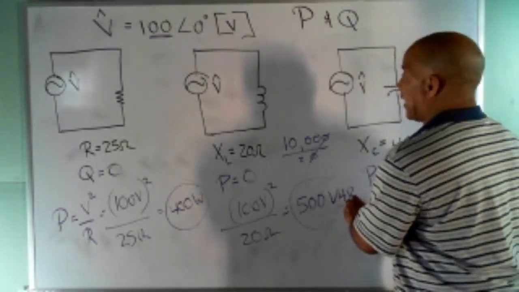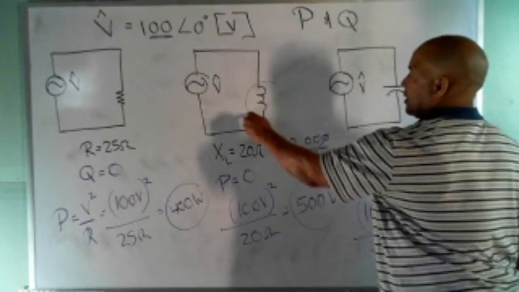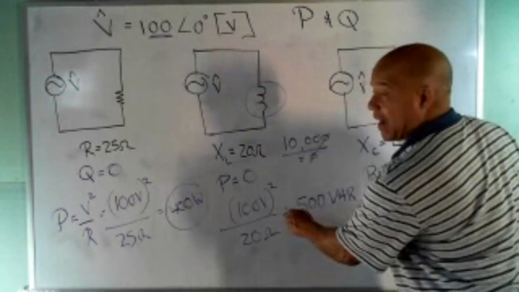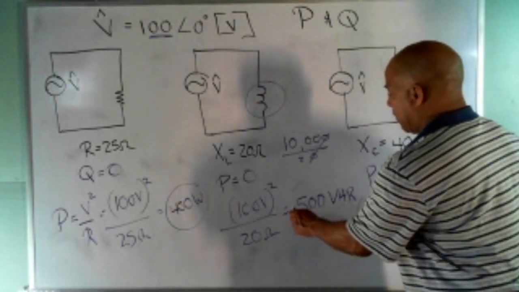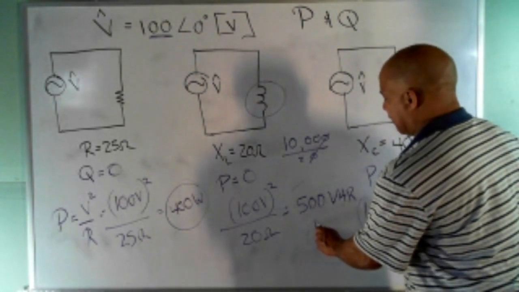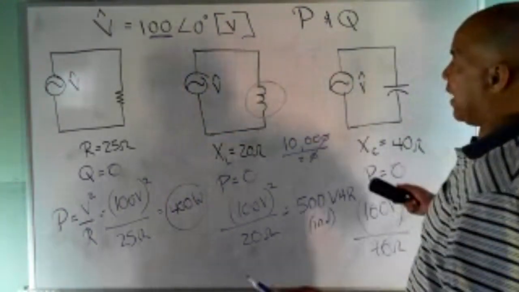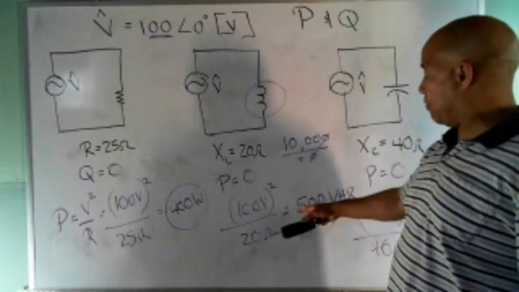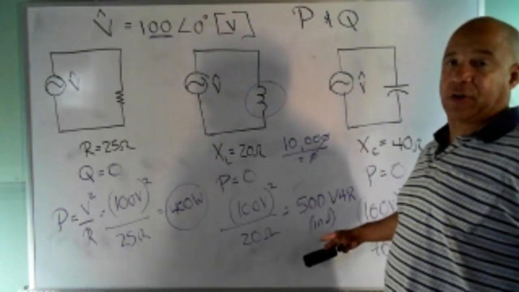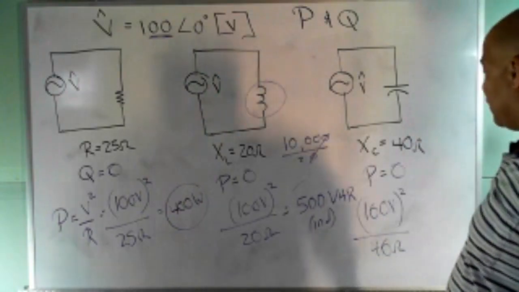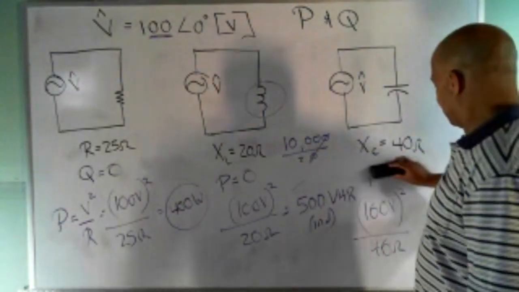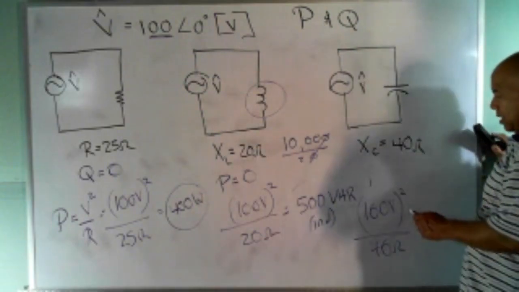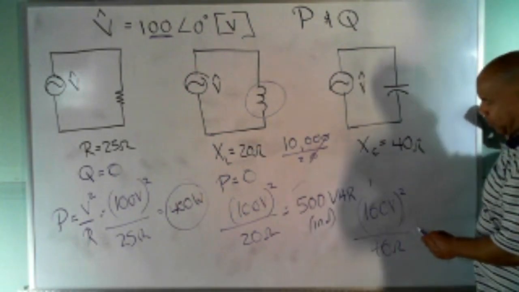And to be correct, I can show it positive, or I can say inductive. That can be important because if you have more than one reactive component, you've got to know whether to add or subtract. So you want to show either a positive sign or state that it's inductive explicitly. And then this one, 100 squared over 40 is what?